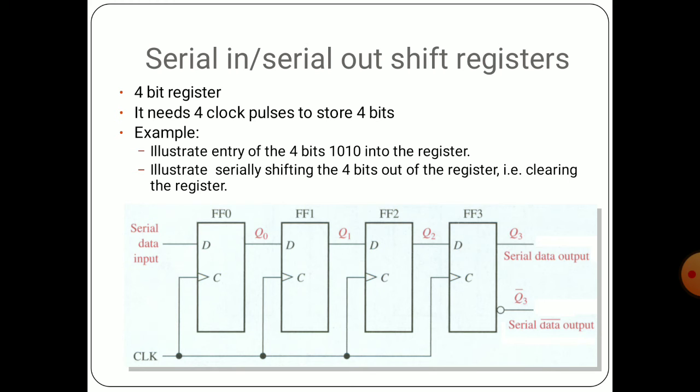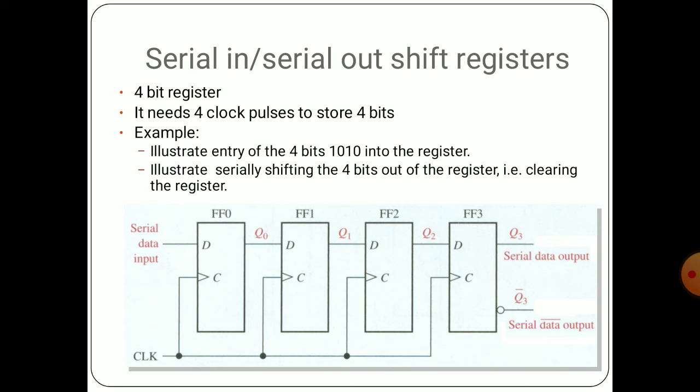Here, see, the first serial data input is given to flip flop 0 D. The output of the first flip flop is given as input of the second flip flop. The output of the second flip flop is given as input of the third flip flop. The output of the third flip flop is given as input of the fourth flip flop, that is flip flop 3, and finally you are going to get Q3, that is the serial data out.